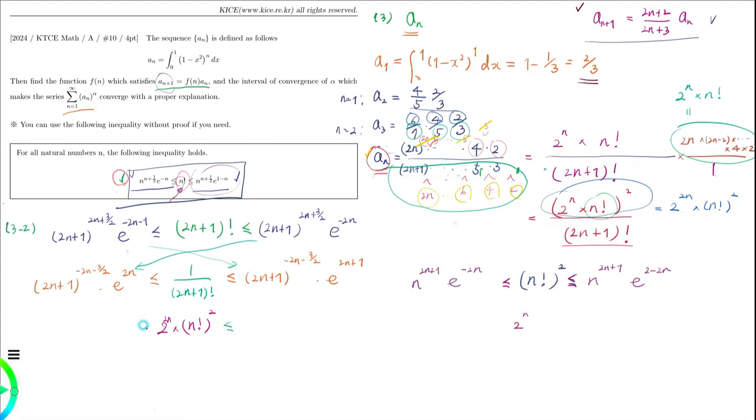We have the upper bound here, which is nothing but 2 to the 2n times n to the 2n plus 1 times e to the 2 minus 2n. I'm sorry, 2 minus 2n. And the lower bound is 2 to the 2n times n to the 2n plus 1 times e to the minus 2n.